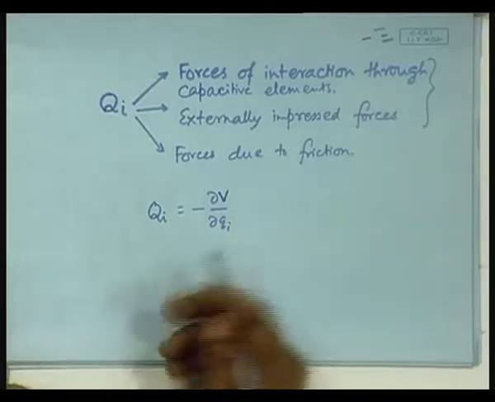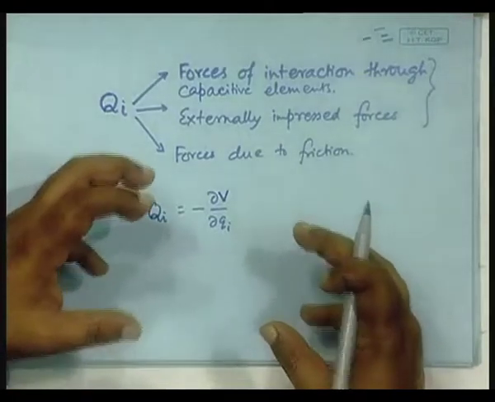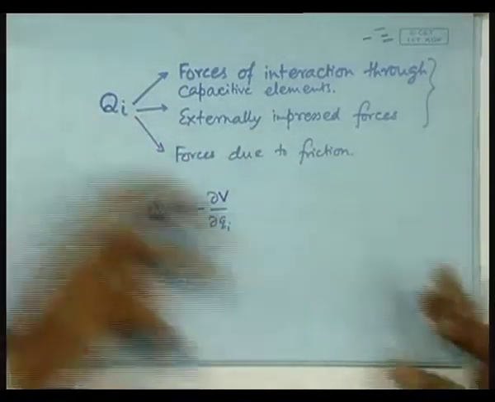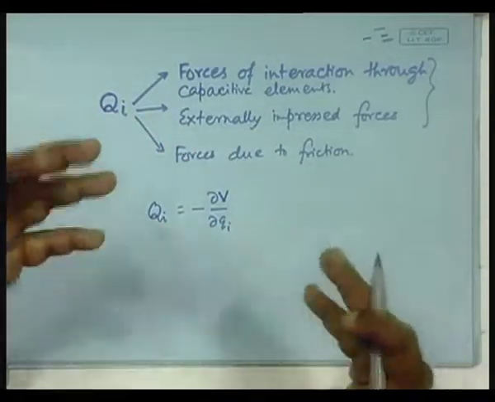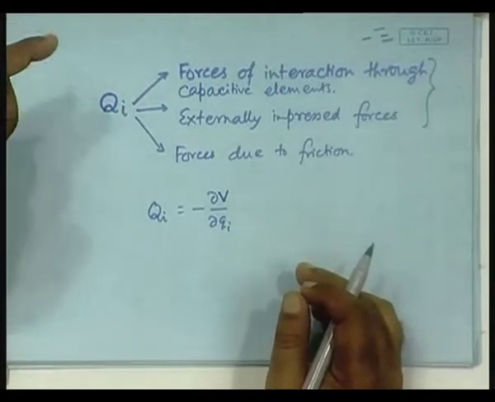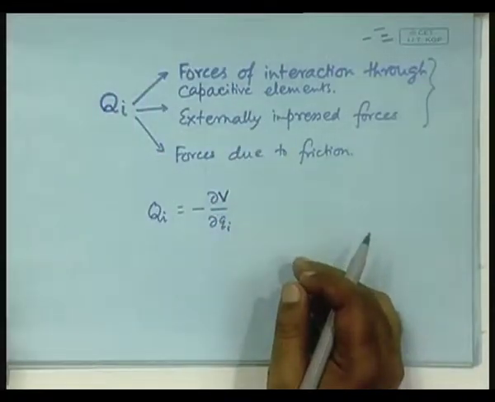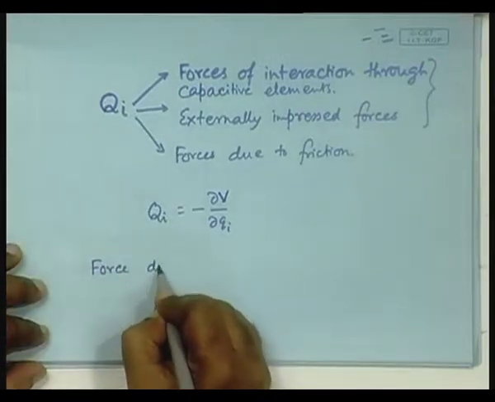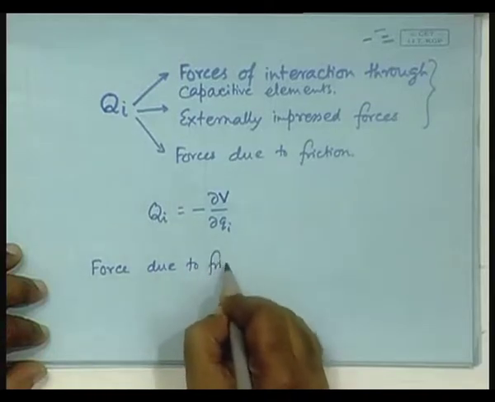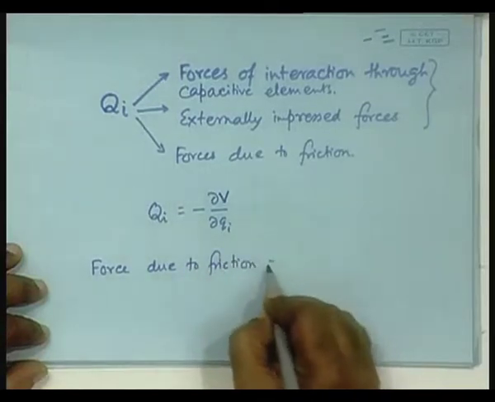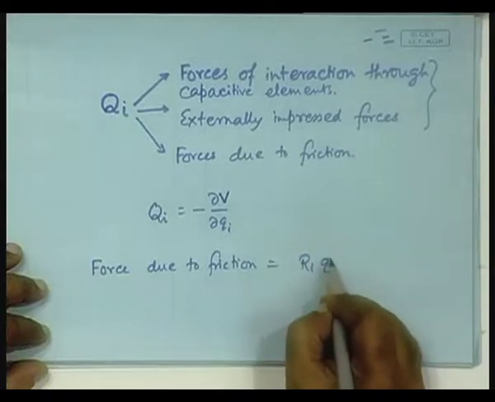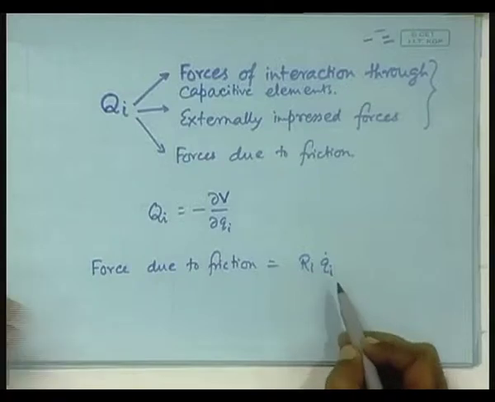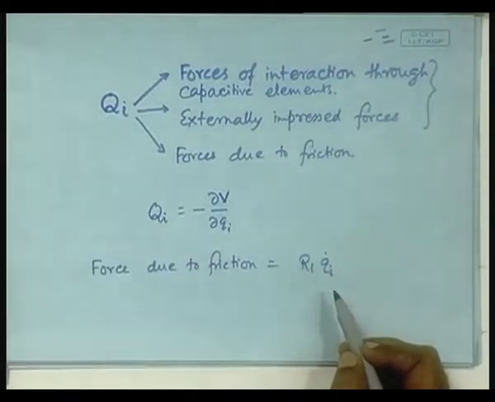In general, if the coefficient of friction is r_i and the speed of motion is q_i dot, then I know that the force due to friction will be r_i q_i dot, where obviously i is the ith generalized coordinate, the ith direction.